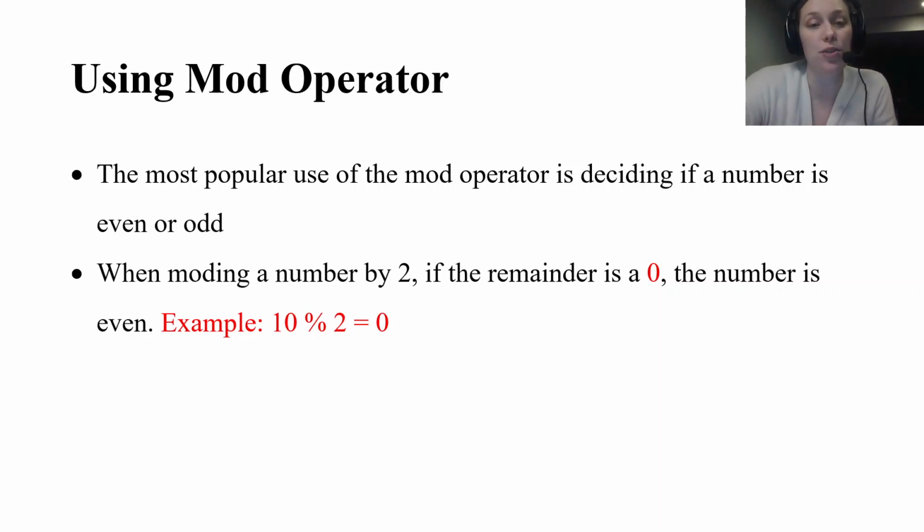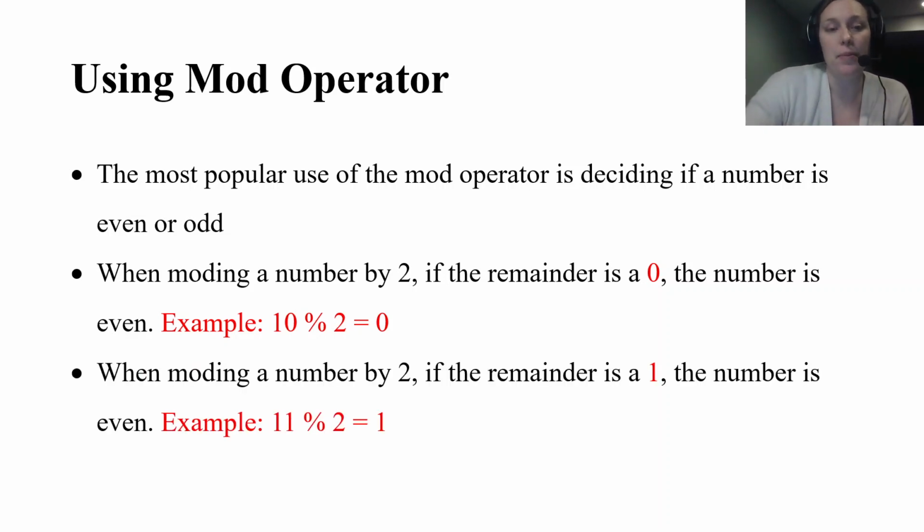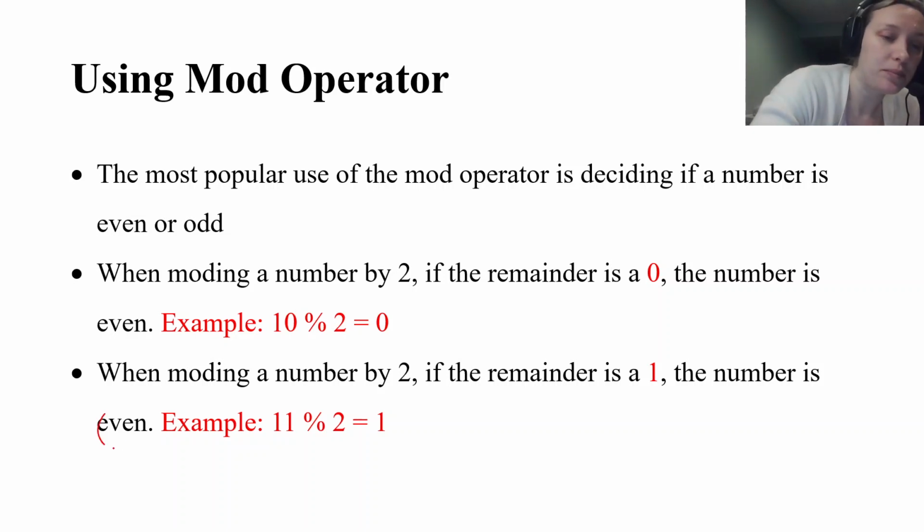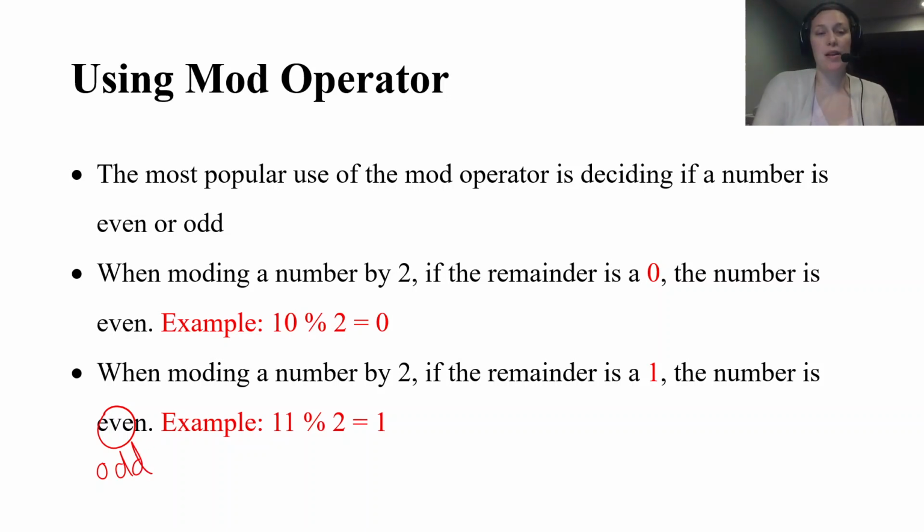So 10 mod 2 is equal to 0. That means that 10 is an even number. On the other side, if the remainder is 1, then that means the number is odd. Okay? So 11 mod 2 is equal to 1.